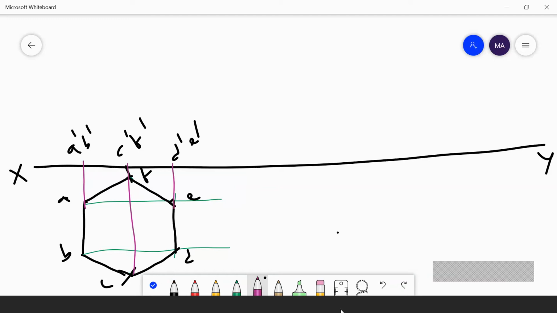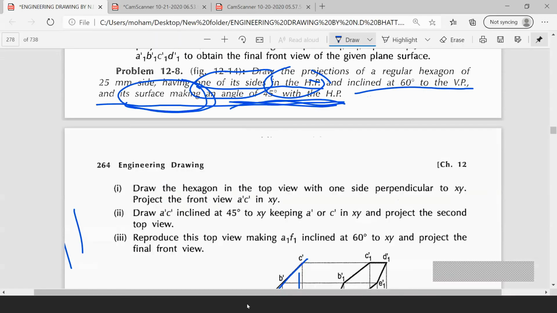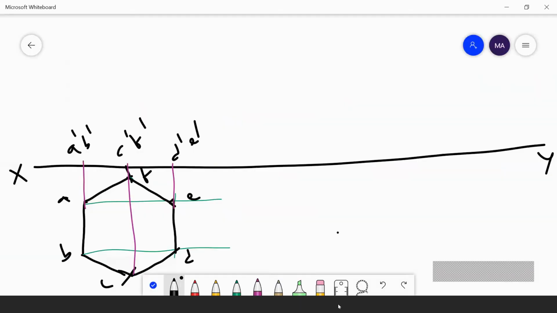Then the inclination here: the surface makes an angle of 45 degrees with HP, which means we'll draw the inclination with VP. 45 degrees here with VP. After that, again the procedure will be same. I am taking A1 dash, B1 dash here.